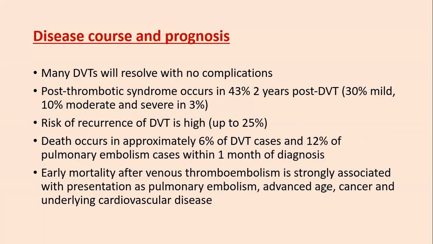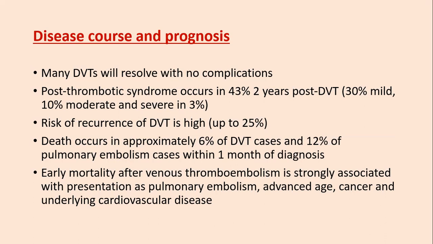Disease course and prognosis. Many DVTs will resolve with no complication. Post-thrombotic syndrome occurs in 43%. At 2 years post-DVT, 30% have mild, 10% moderate, and 3% severe post-thrombotic syndrome. Risk of recurrence of DVT is higher, up to 25%, because most of the reasons that result in DVT will come back again.